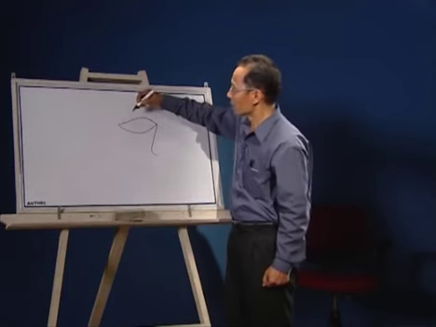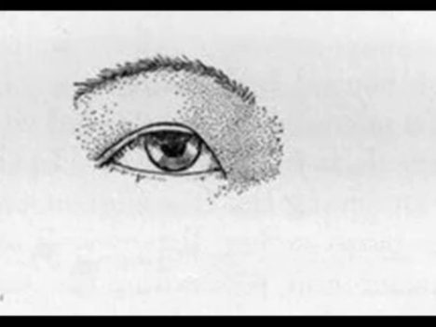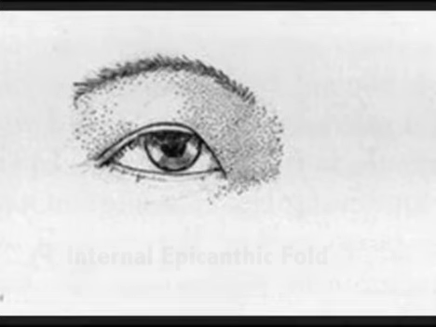As such, in one case, if the upper fatty skin hangs over the inner margin of the upper eyelid, then it is called internal eye fall or internal epicanthic eye fall.